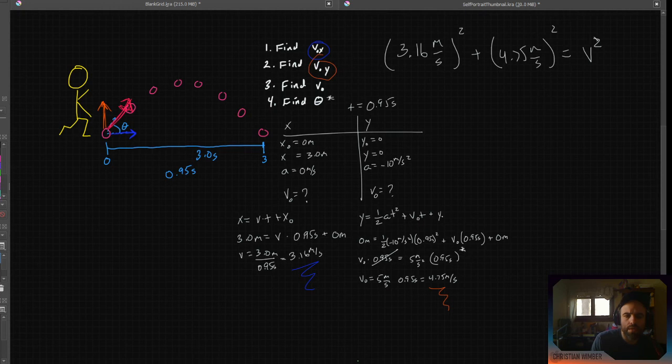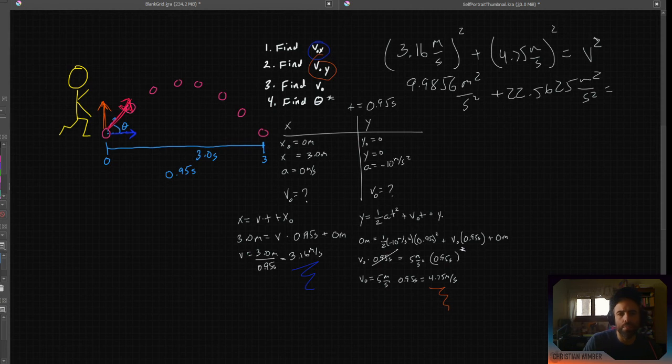Again, in the calculator you can't see, 3.16 to the power of 2 is 9.9856 meters squared per second squared, plus 4.75 to the power of 2 is 22.5625. Let's go ahead and add them together.